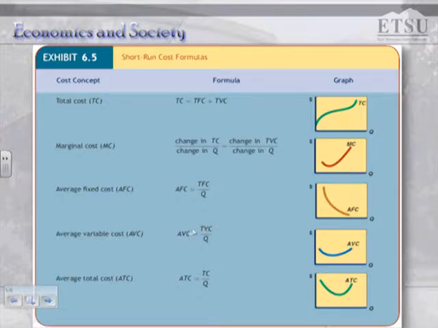Average variable cost is total variable cost divided by quantity, and it's going to have this U shape as well. And so because the average variable cost has this U shape, average total cost is going to have a U shape as well. And so we'll look at the relationship between these later on when we talk about the firms more specifically.